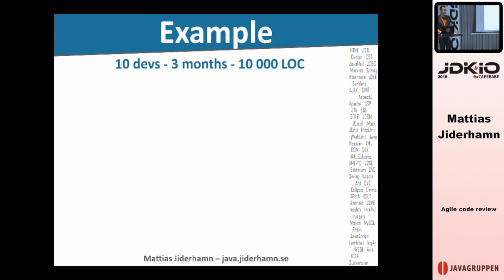They had a team of 10 developers that were given 3 months to develop an application of about 10,000 lines of code. After those 3 months, they tracked the number of bugs found by end users and the QA team for 6 months.